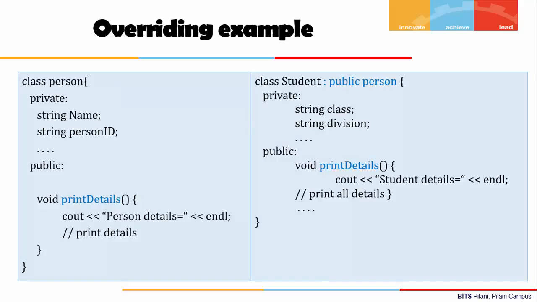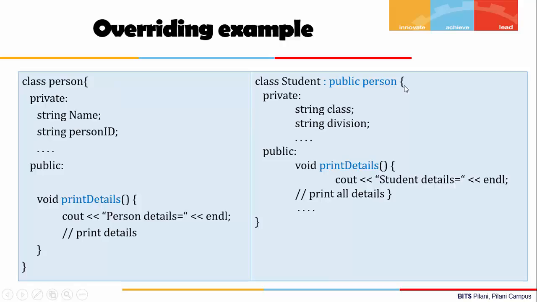Here, we are showing a real life example where overriding helps. So this is the base class, class Person, where private data members are there. These are the private data members and public functions are there. This function printDetails prints the person details. Now the derived class Student will inherit.